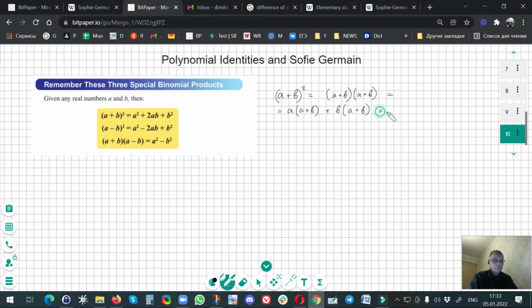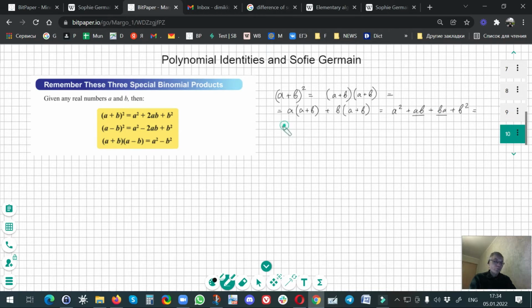And then it's a squared plus ab plus ba plus b squared. But then we remember that there are such things as like terms, which tell us that those two terms are actually the same. It's true we have different order, ab and ba, but we know that when we change the order, the product doesn't change.